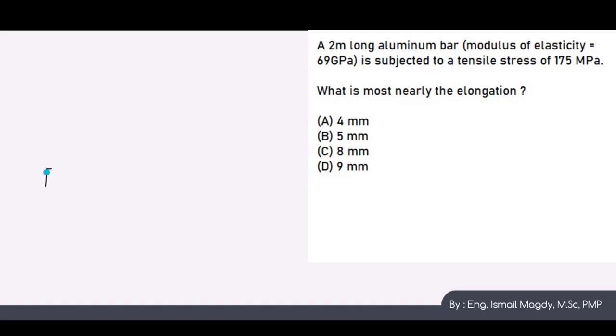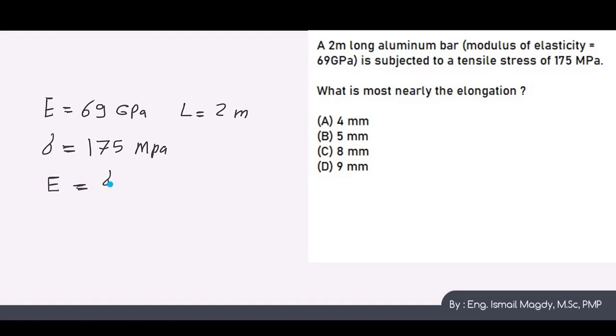We will start with the known information. As always, we know that E equals 69 gigapascal, and we know that the length of the bar is 2 meters. We know that sigma equals 175 megapascal. We know the equation for Young's modulus: Young's modulus equals stress over strain.